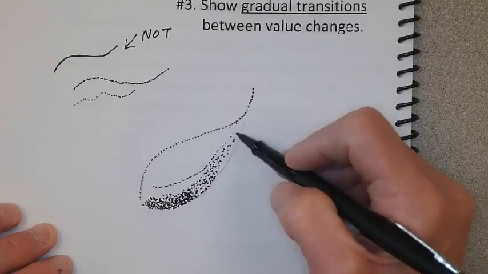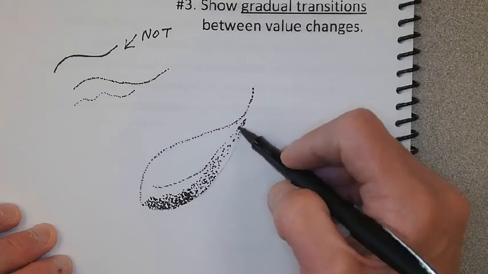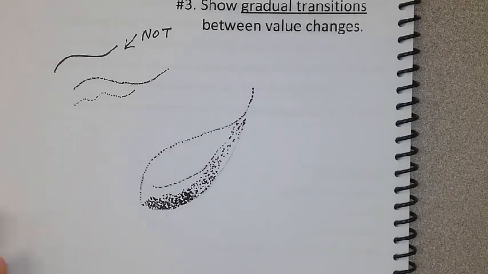So think if you were shading with a pencil and you would want it to be light, but you'd want some dark areas.